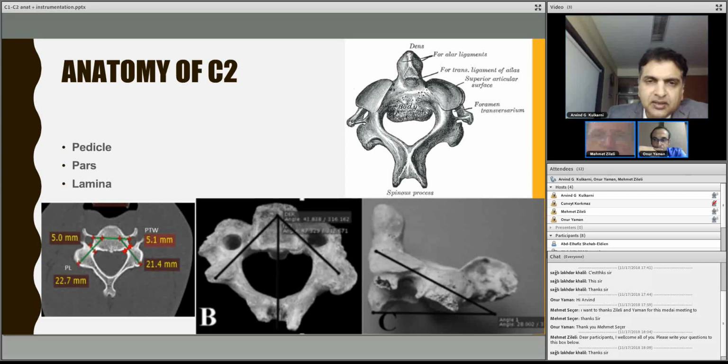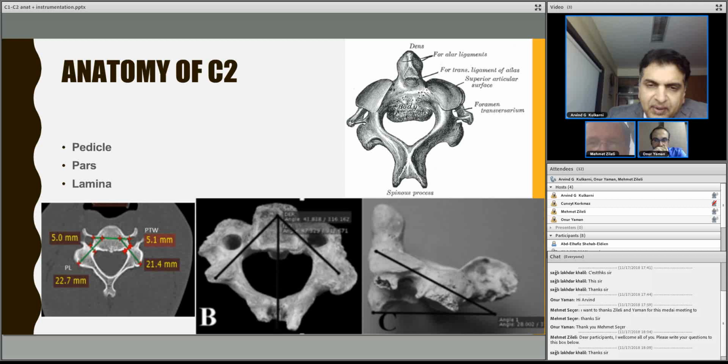Now, this is where you see the transverse foramen of C2. So the vertebral artery, when it leaves the transverse foramen of C3, it makes a groove in the anterior part of C2 and then winds around this transverse foramen before it goes to the transverse foramen of C1.